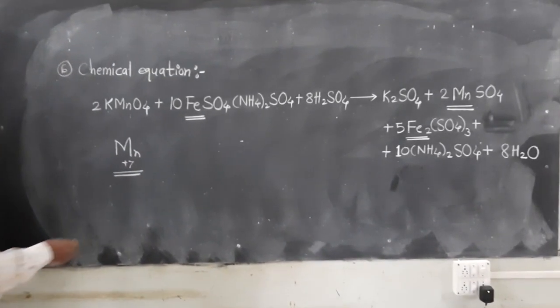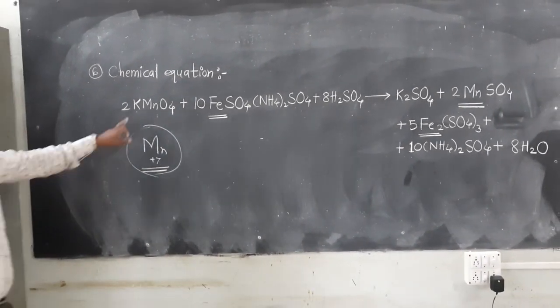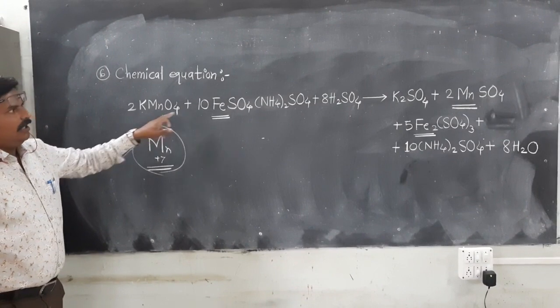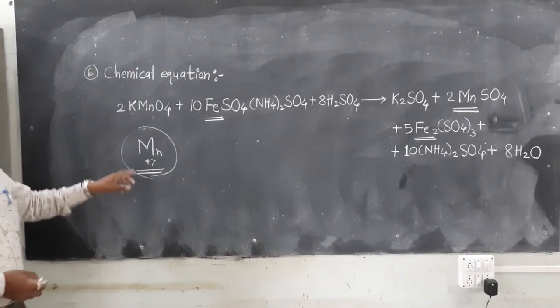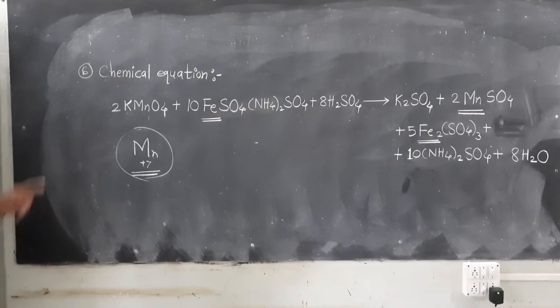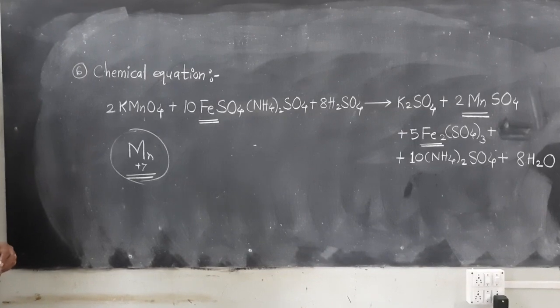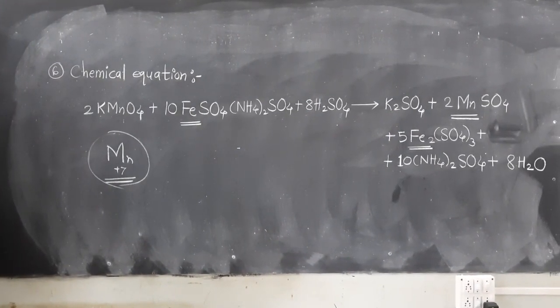In this reaction, manganese from KMnO4 is converted into manganese sulfate. Its oxidation state decreases. So, manganese oxidation state decreases means manganese shows reduction reaction.